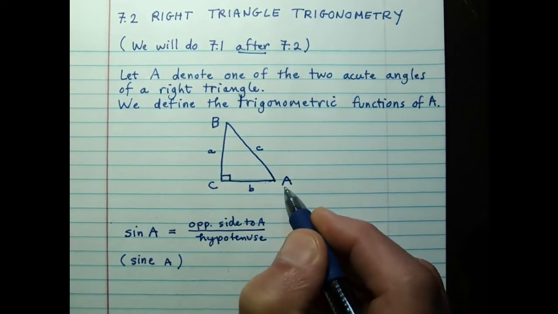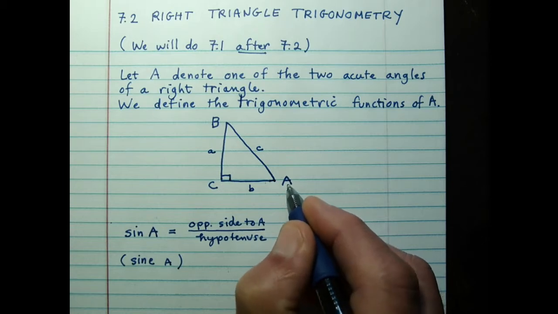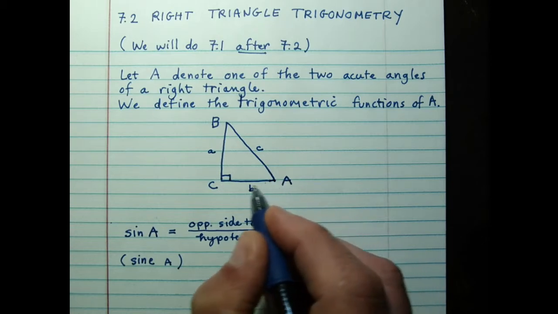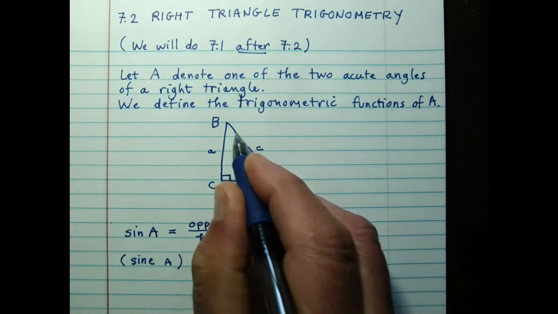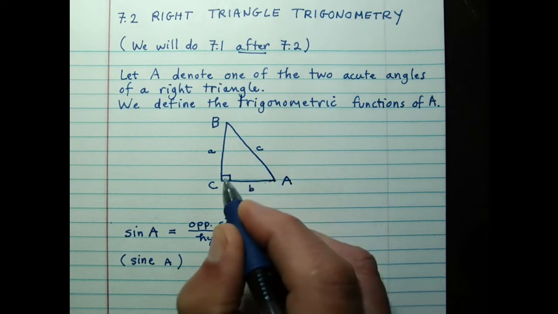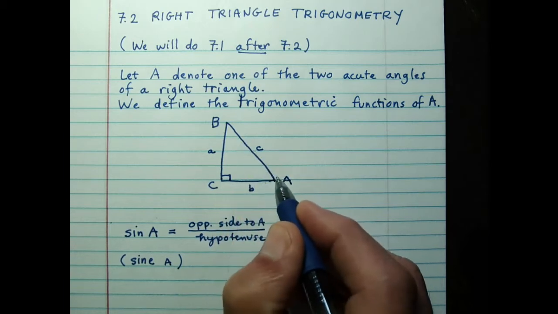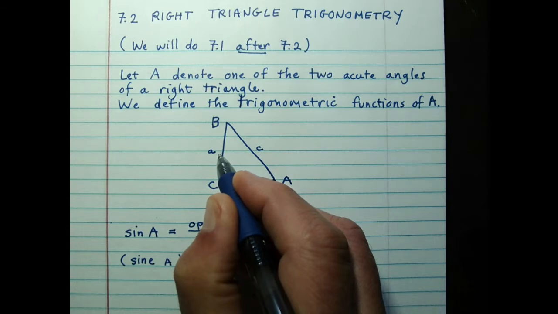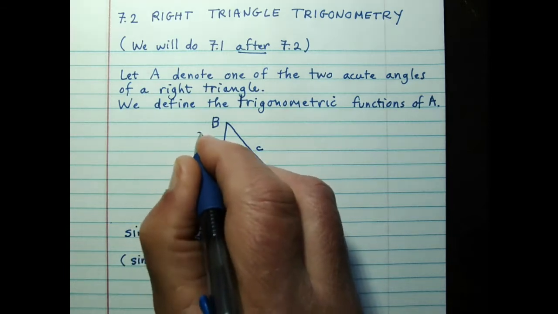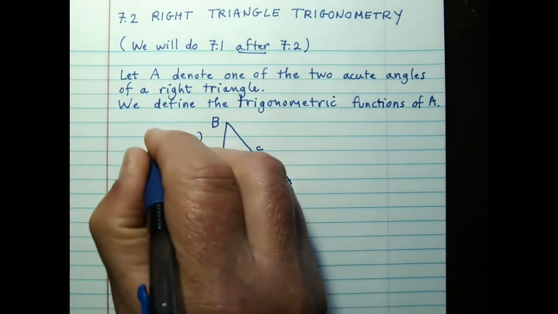Now the side that's opposite to A in this picture is the side of the right triangle that's not one of the two sides of the angle A. So b and c are sides of the angle A. Across from A, capital A, is this side little a.